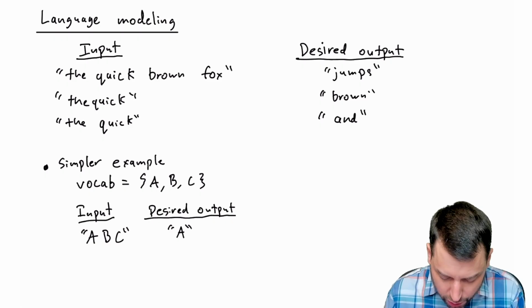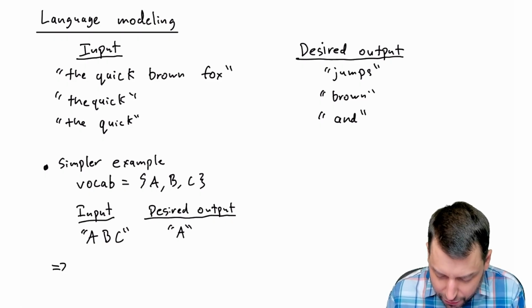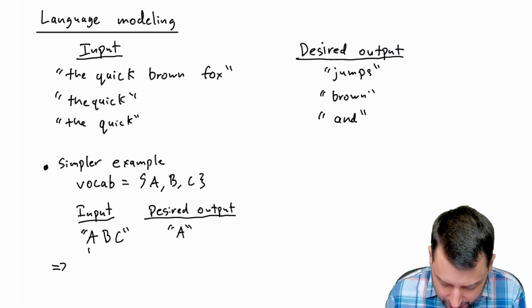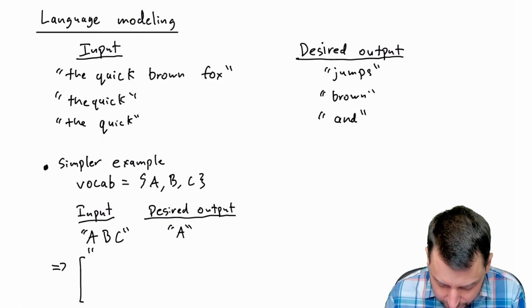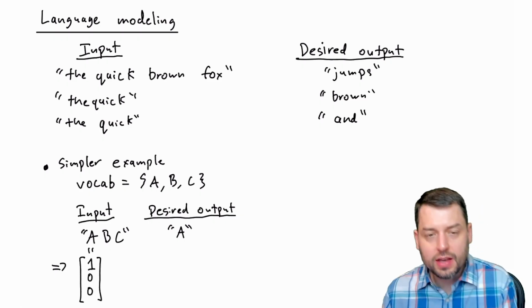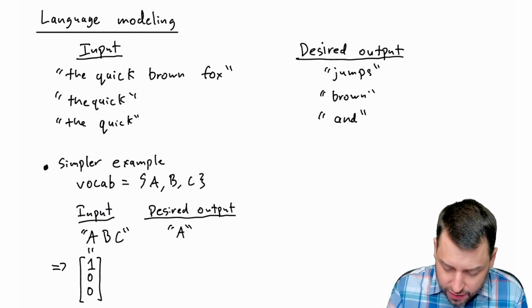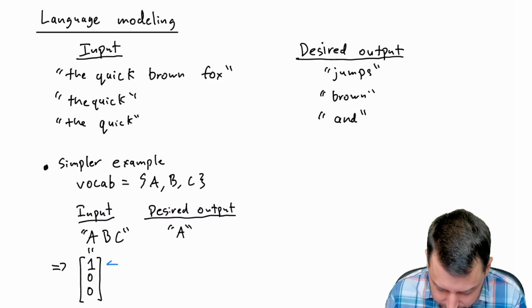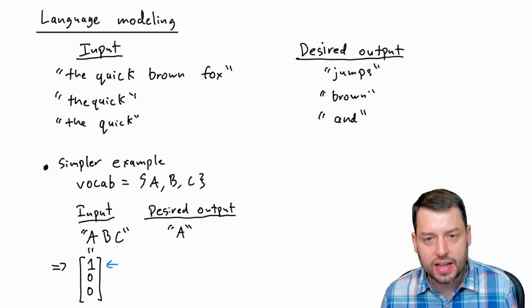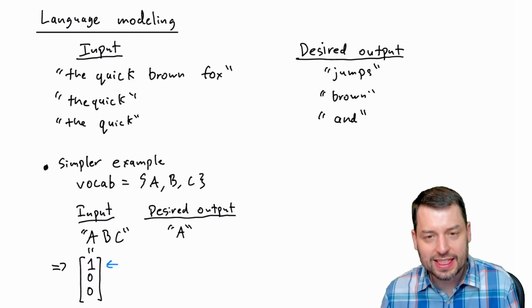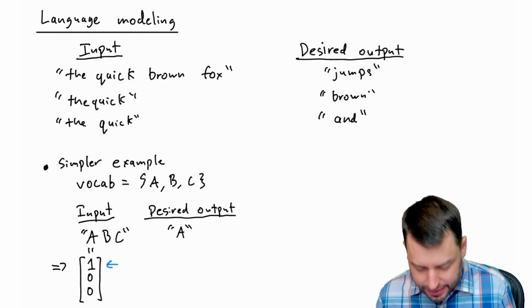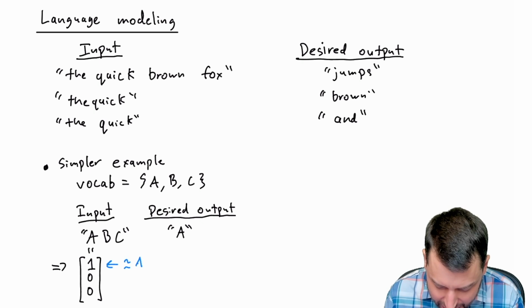So we're going to encode this letter A as the vector 1, 0, 0. And the idea here is that this position is the indicator that the word is A.